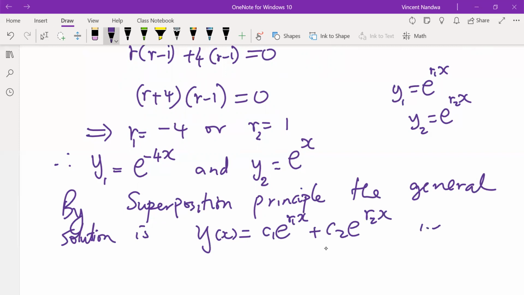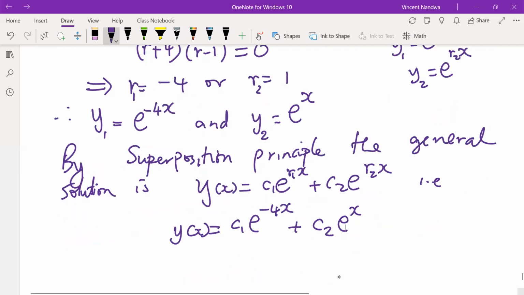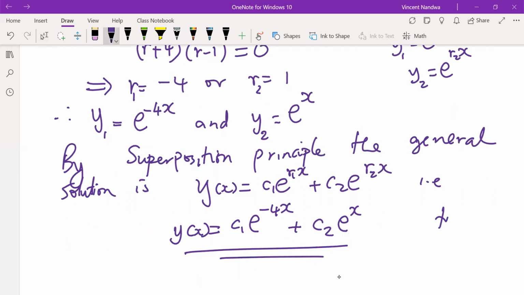So therefore, y of x is given by c1 e raised power minus 4x plus c2 e raised power x is a general solution. So this is what we have. Actually, this was the case of two distinct real roots.